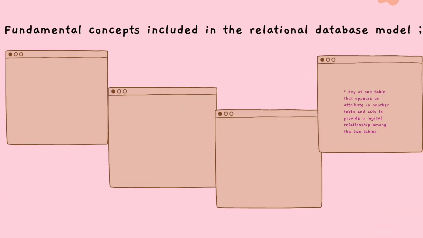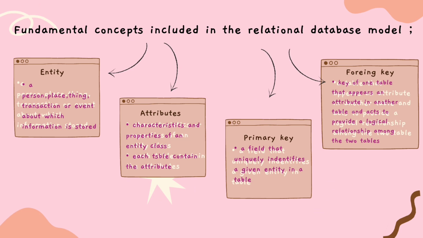Next is about the fundamental concepts included in the relational database model. First is entity: a person, place, transaction or event about which information is stored. The rows of information in each table contain the entities. Following is attributes: the characteristics or properties of an entity class, which the columns in each table contain.